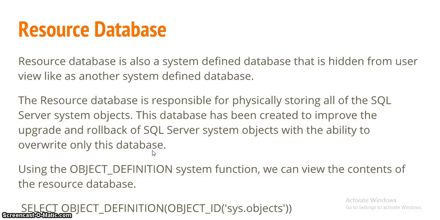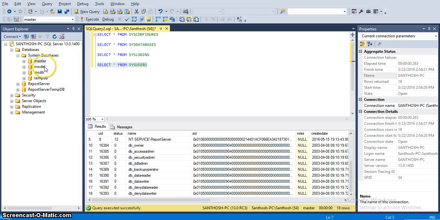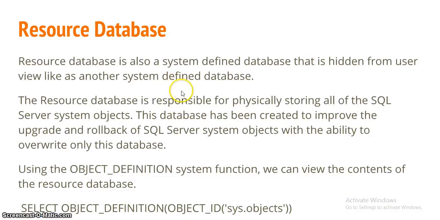The resource database is also a system-defined database that is hidden from the user view, unlike the other system-defined databases. If we look at our SQL Server, we can't directly see the resource database here, which means this database is hidden from the user view.